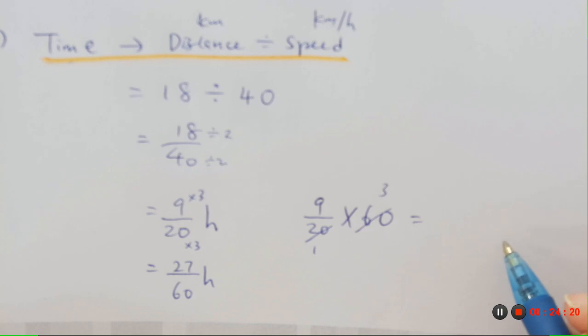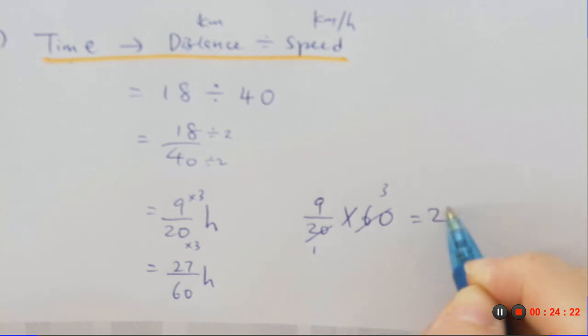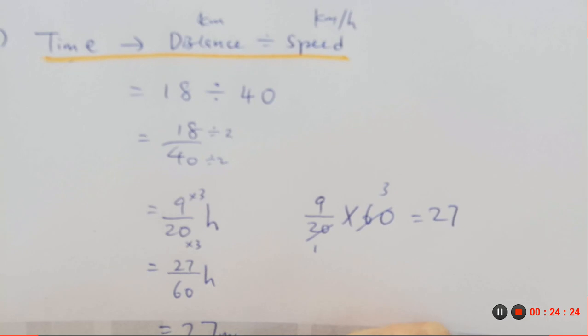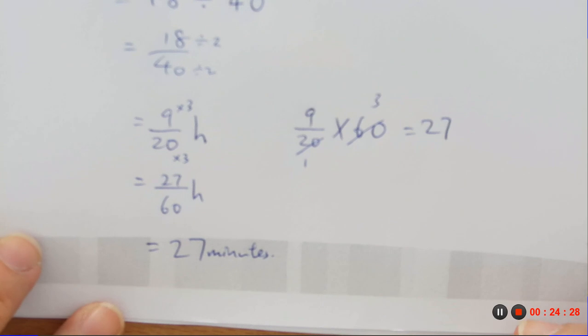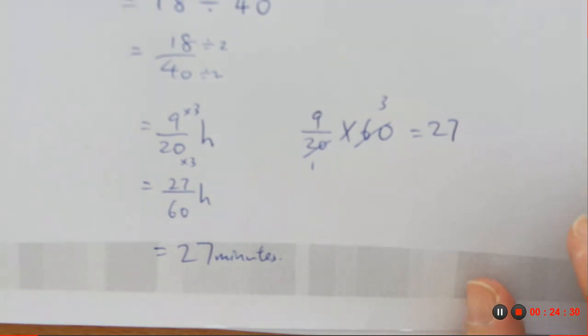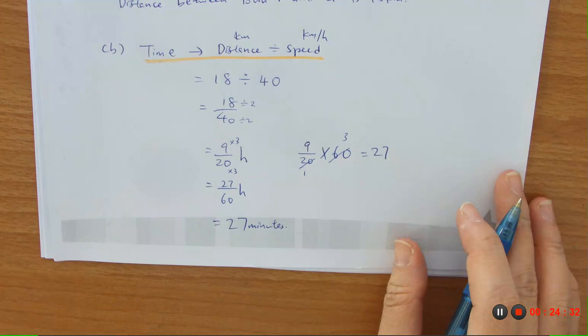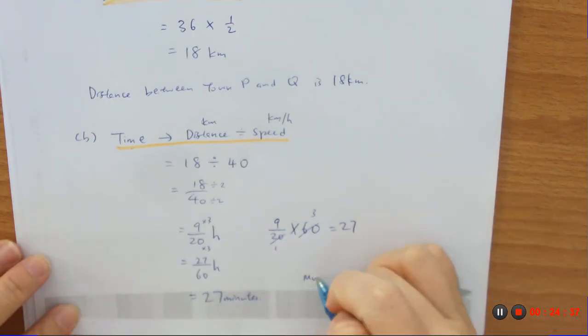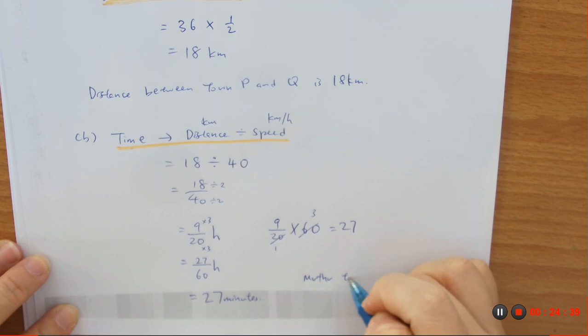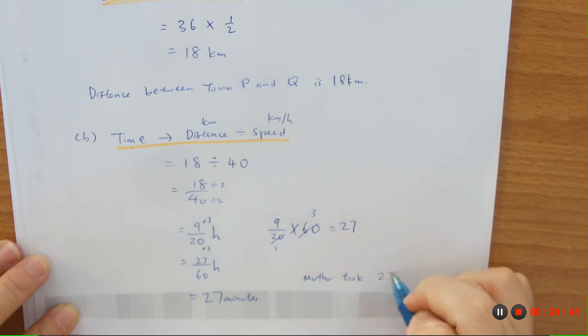After you simplify, that's 27. In other words, it's 27 minutes. So Muthu took 27 minutes. Okay? So Muthu took 27 minutes.